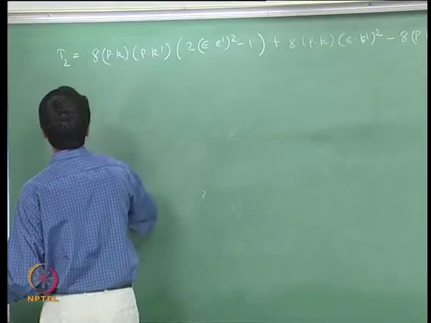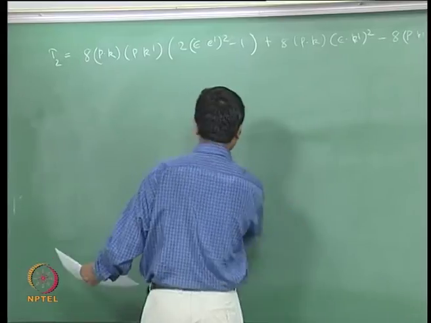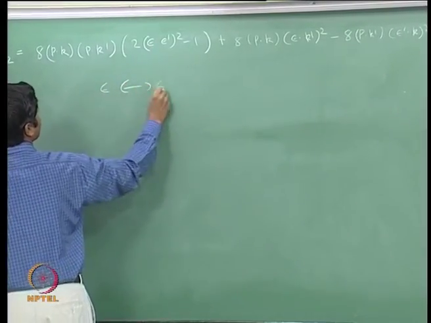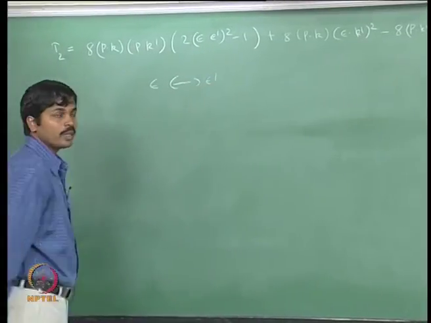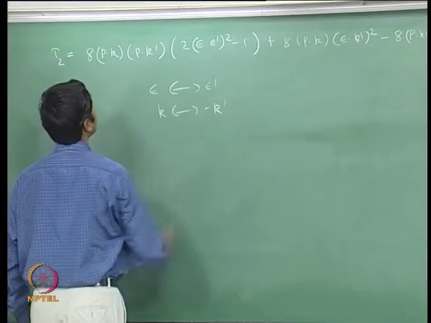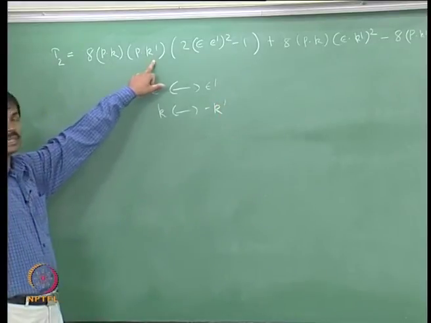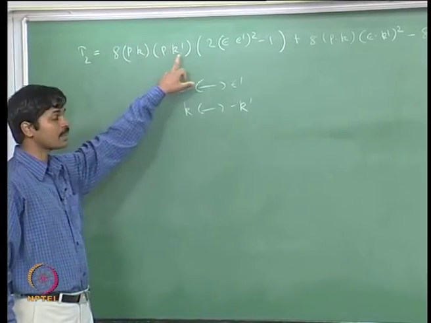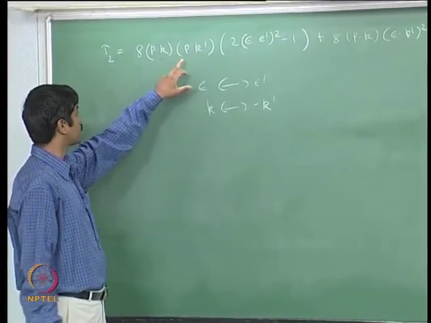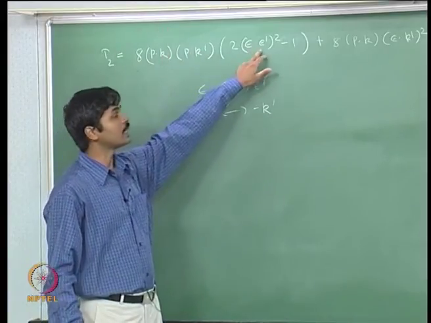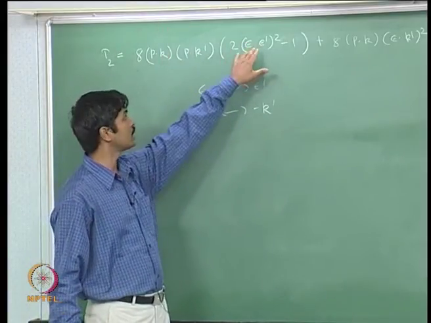Now, I have to find T3 from here, but you can see that if you make this transformation, epsilon goes to epsilon prime and k goes to minus k prime, then here it will pick two minus signs because k goes to minus k prime goes to minus k. Therefore, this whole thing is invariant here, epsilon and epsilon prime are interchanged, that is a whole square.